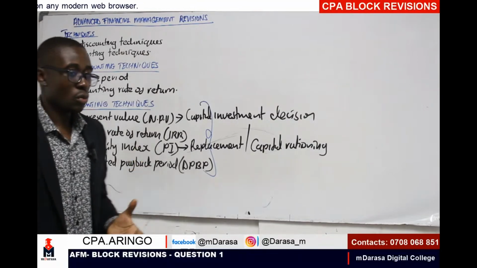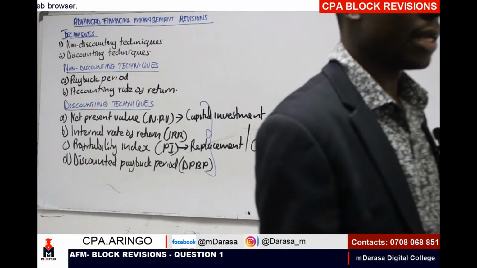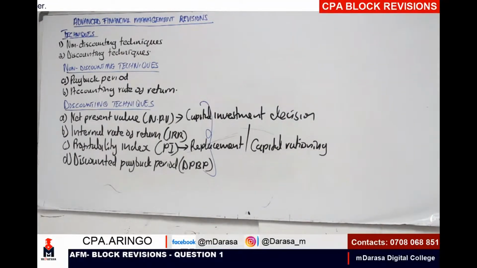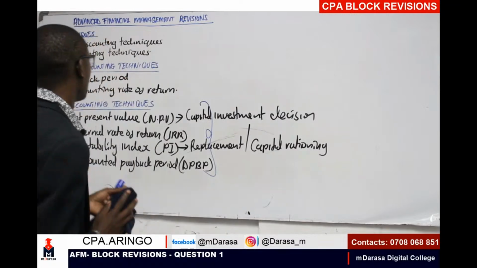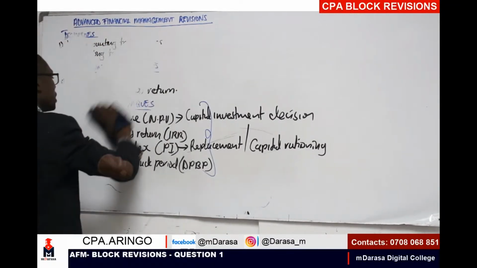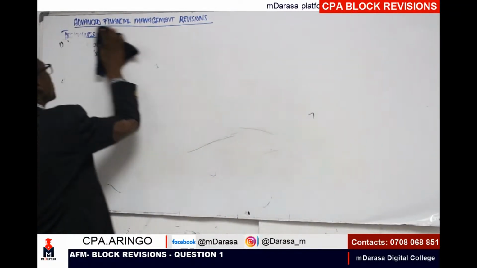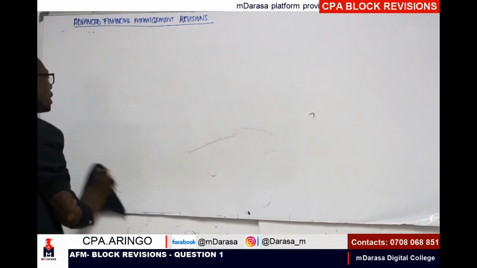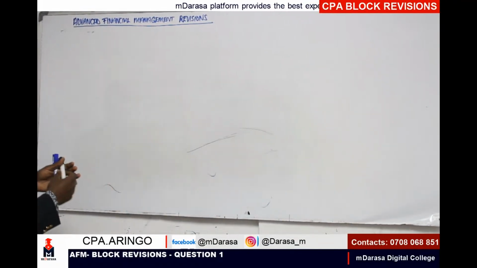You see, we are breaking that question down so that we know what exactly we want to do. After this analysis, we've agreed that we'll be using net present value.